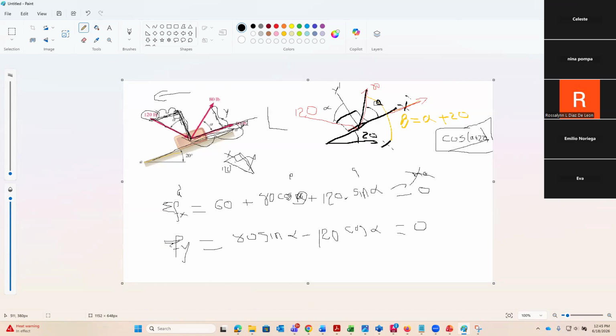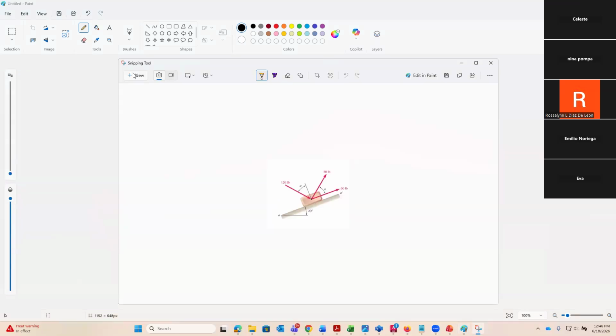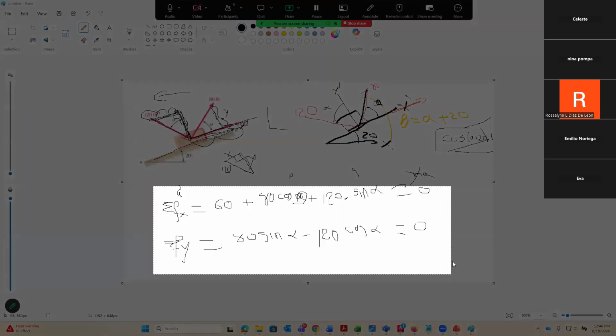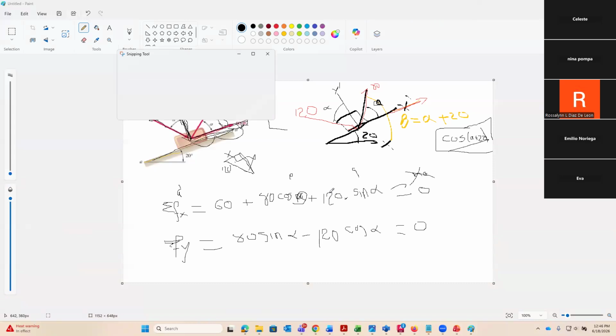Notice that if you divide each term by cosine of alpha, you're gonna get 80. I'm gonna take a screenshot of this set of equations so we solve them together. All right, let's start from there.